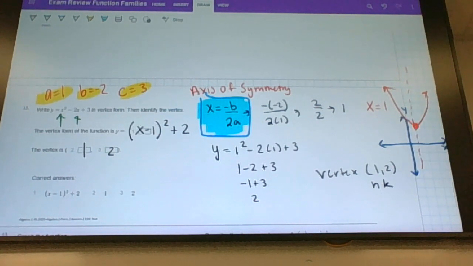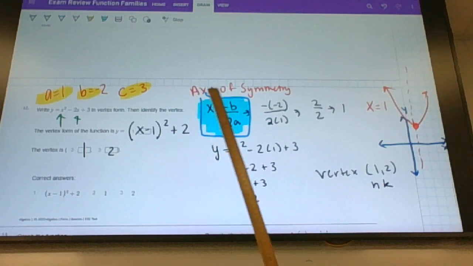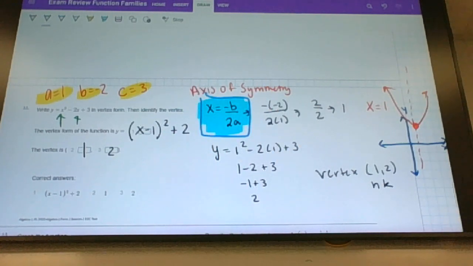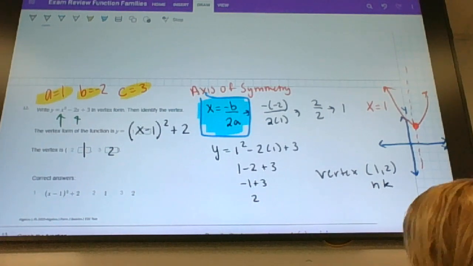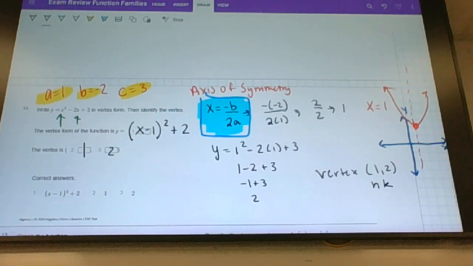The vertex form. Why is there no a outside of the parentheses? Such a good question. So in every form, when you look at your forms, all three of those have an A in front. I didn't write anything in the A. Well, in the equation x squared minus 2x plus 3, what's the A here?